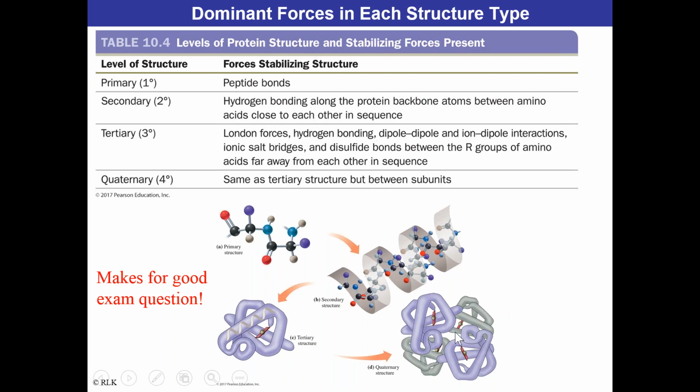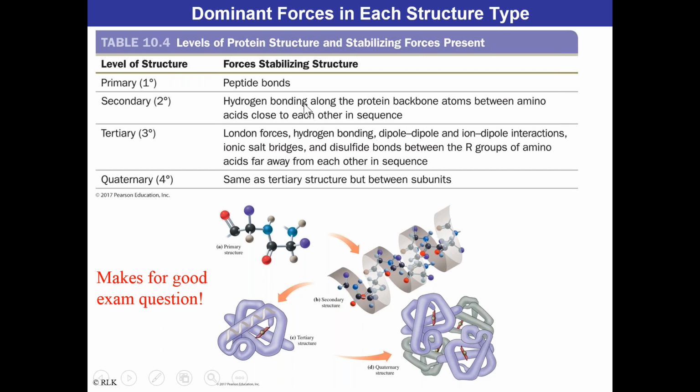A lot of your quaternary structure, by the way, exists in the body. You have receptors that look like this. You have the hemoglobin, of course. I'm going to be showing you some other examples of that in a moment, but you're looking at complicated protein arrangements. And the forces stabilizing the structure, if we're looking at the primary, are going to be the peptide bonds because that's how they're connected.